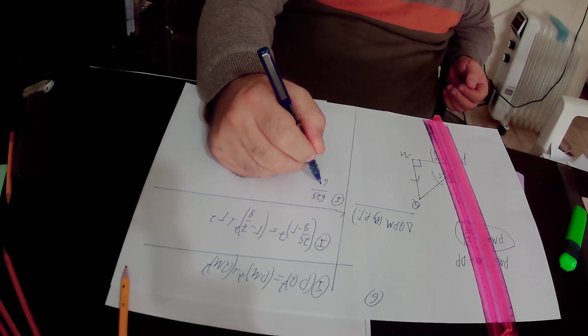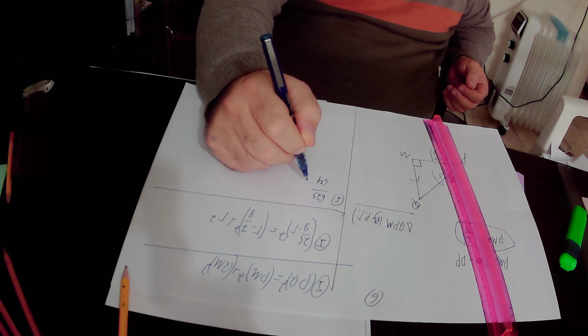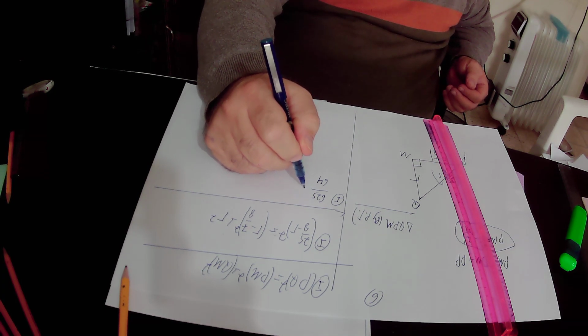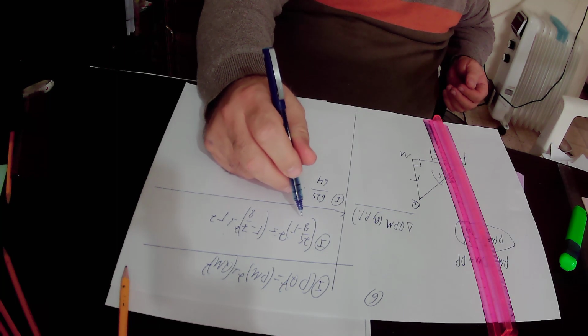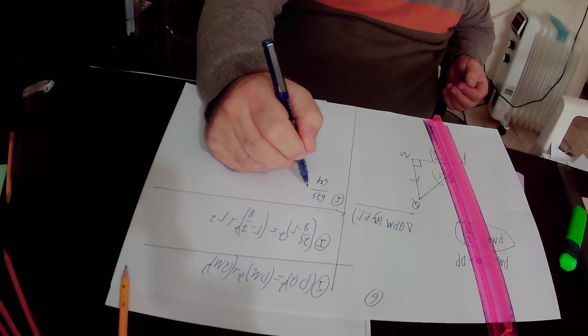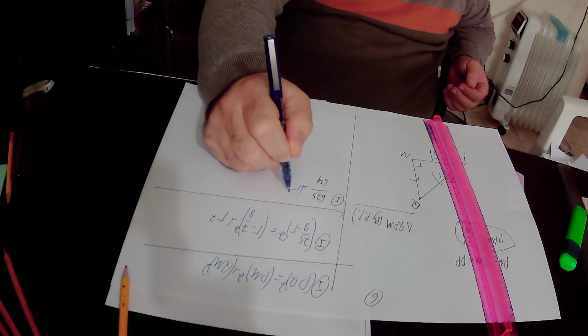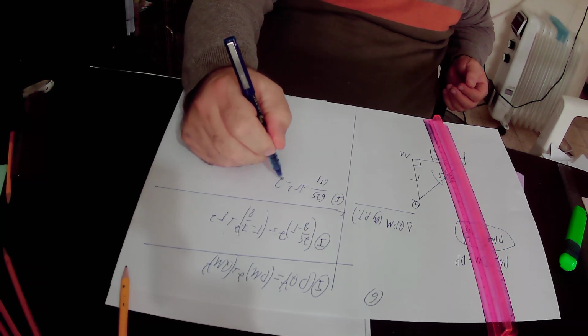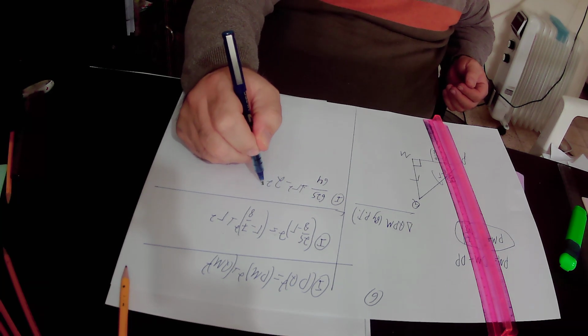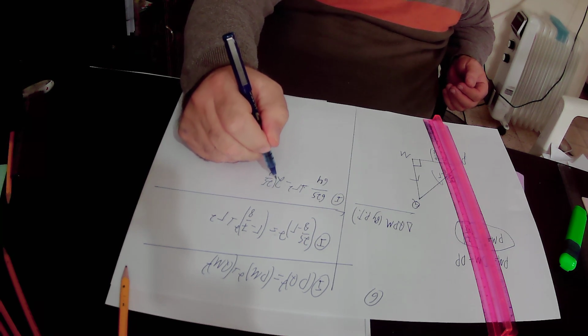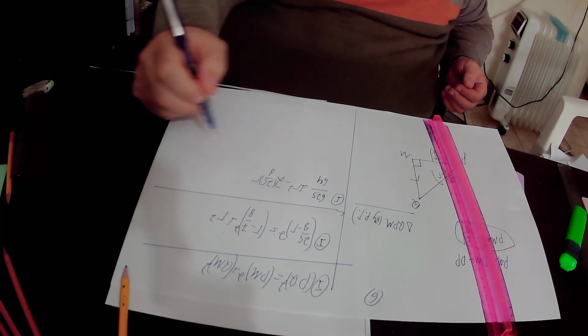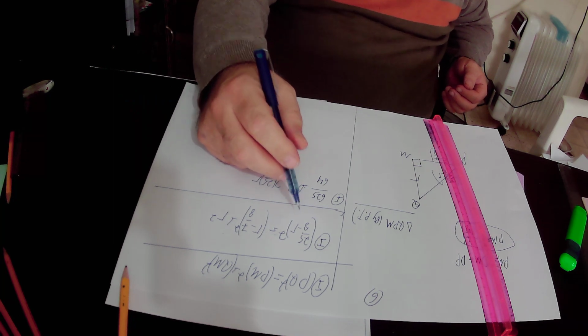So 25/8 square is 625 over 64. And since (a minus b) squared is a squared plus b squared minus 2ab, it is equal to 625/64 plus r squared minus 2 times 25/8 times r. We finished with this side of equation number 1.